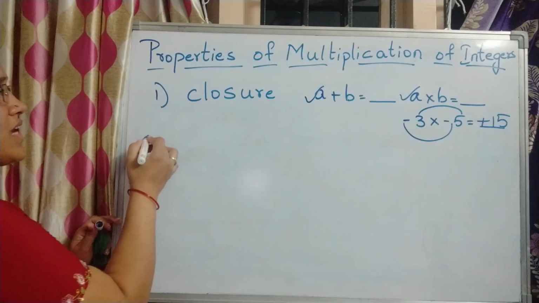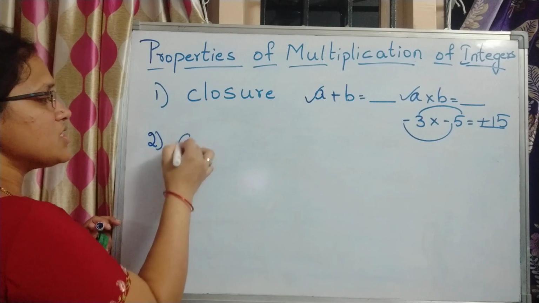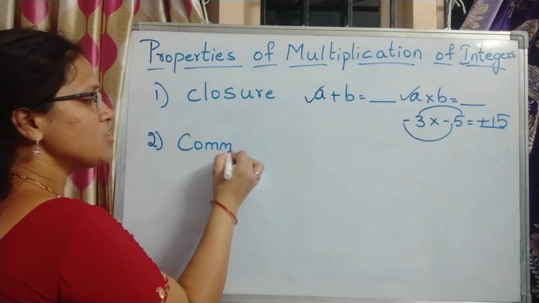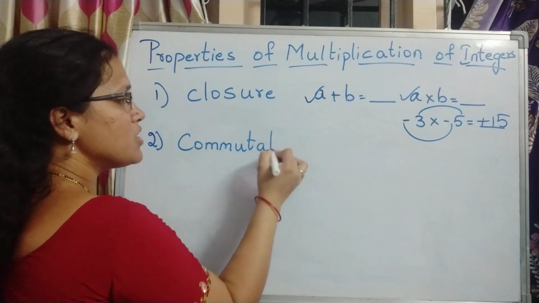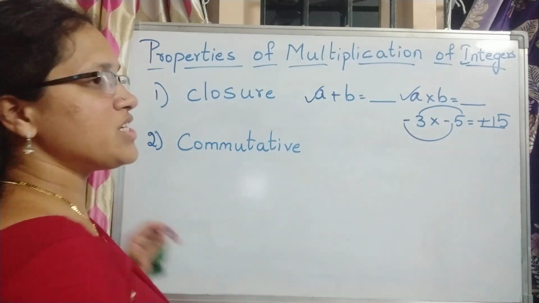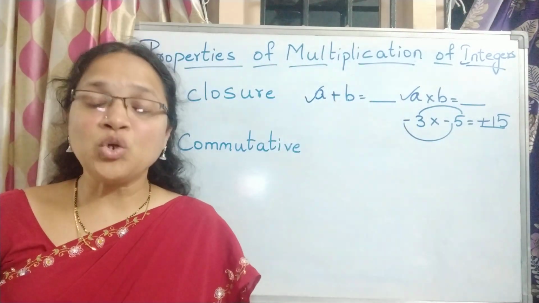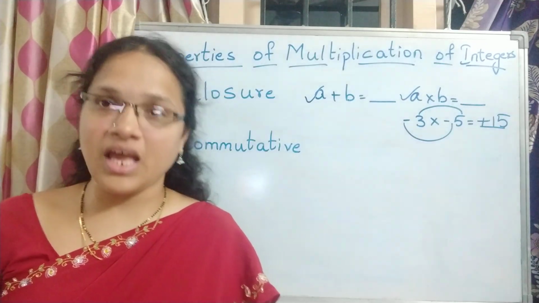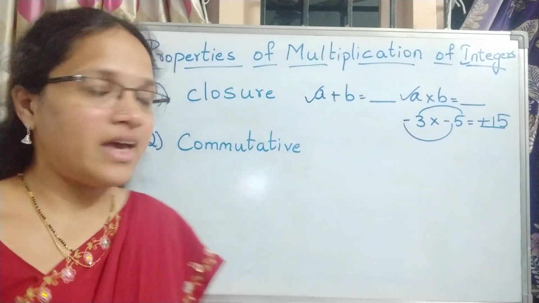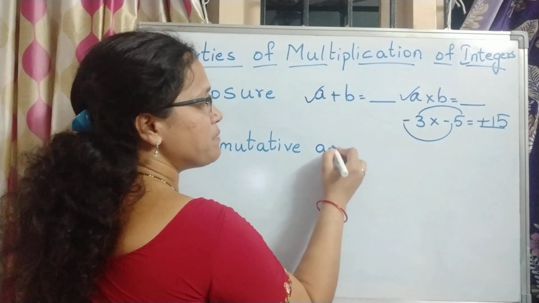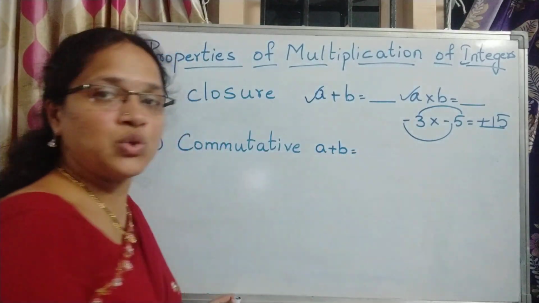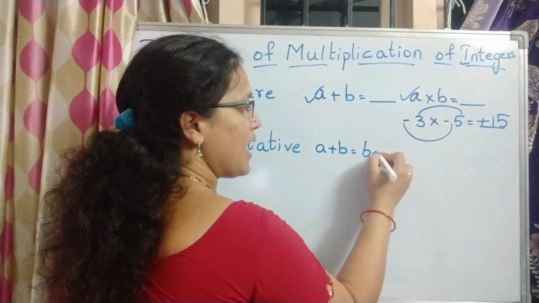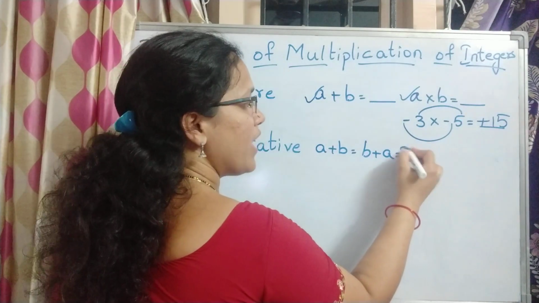Coming to the second property, which is commutative property. What is commutative property? Commutative property of addition is nothing but if two integers a and b are there, then a plus b is equal to b plus a, which is an integer.